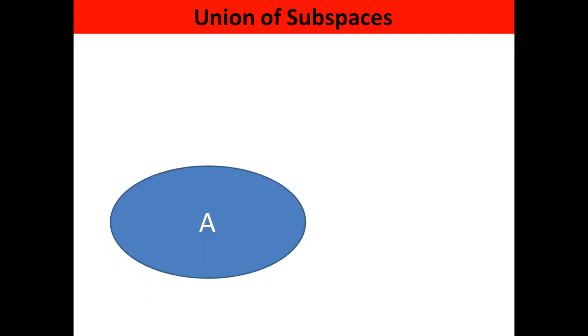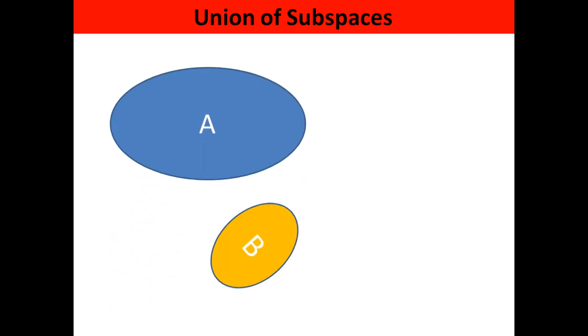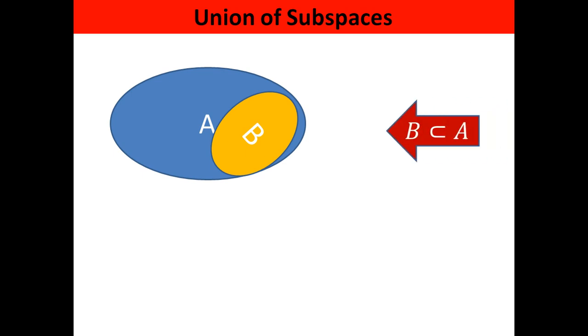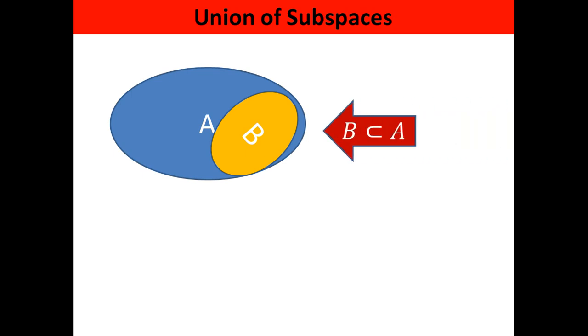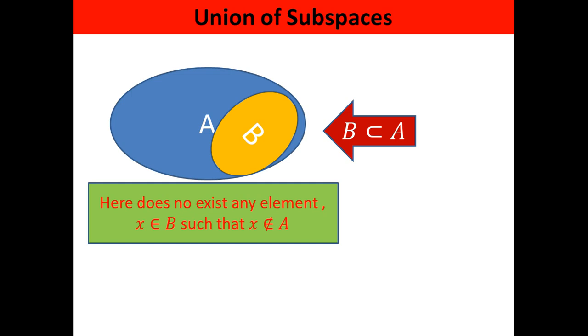Now let me explain how. Suppose A is a set and B is a subset of A. Now you see, what is B minus A?